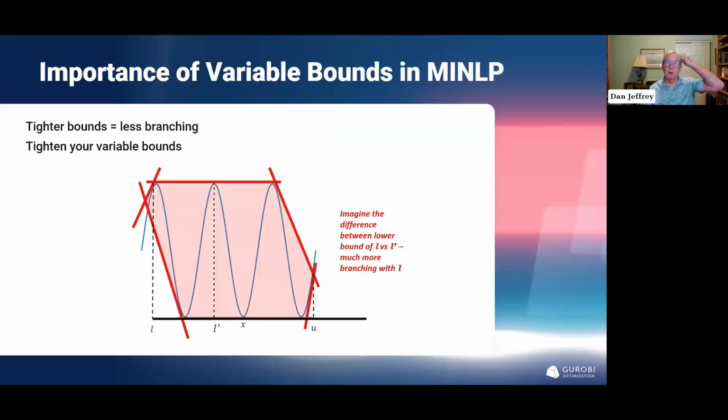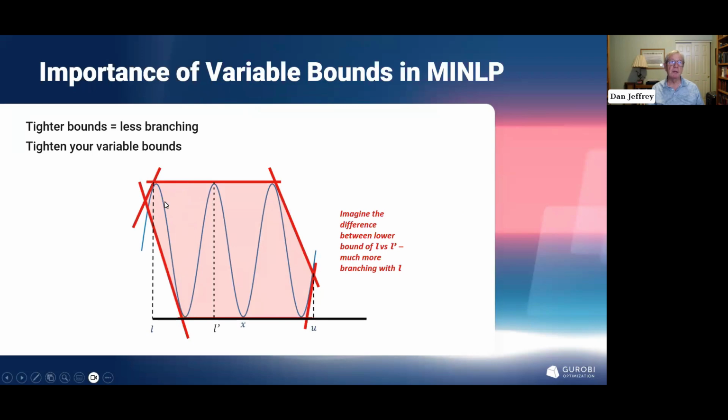And the upshot of all this, if there's anything I can ask you to leave with from this presentation, is to remember this. The bounds on the variables are critical for this. If you look at this chart and we have a lower bound over here on the far left and an upper bound on the far right, you can see there's a lot more branching going to be needed.